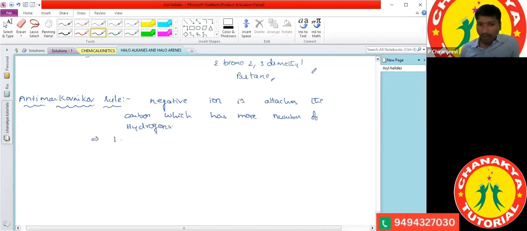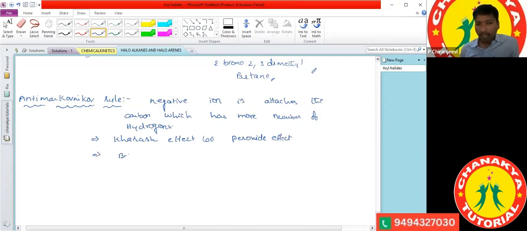The anti-Markovnikov rule we can also call the Kharash effect, and also the peroxide effect. Sir, why do we call it the peroxide effect? Generally the reactions are carried out in presence of peroxide.